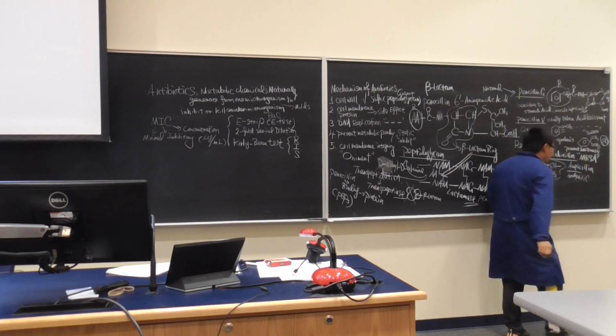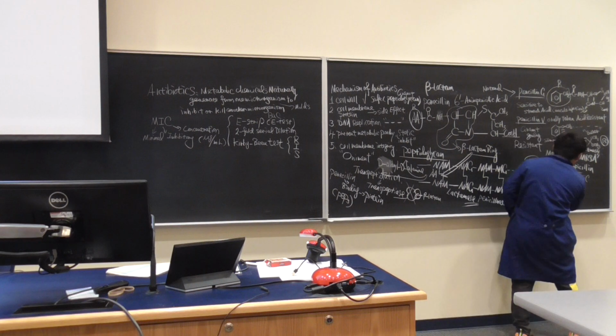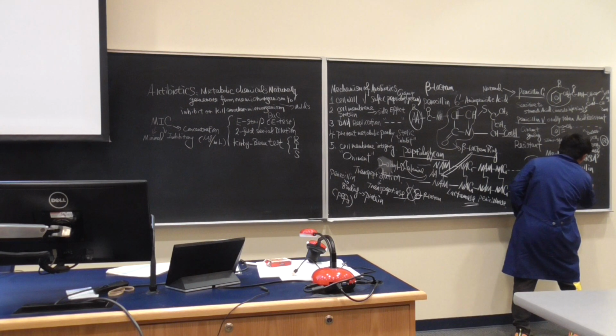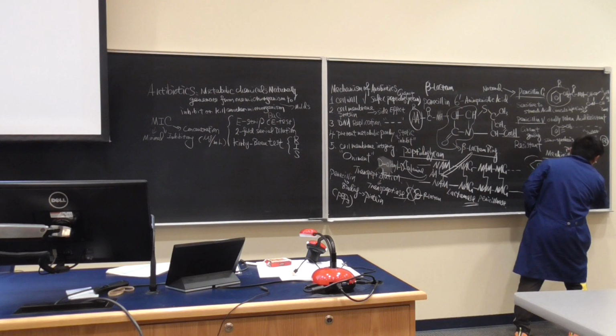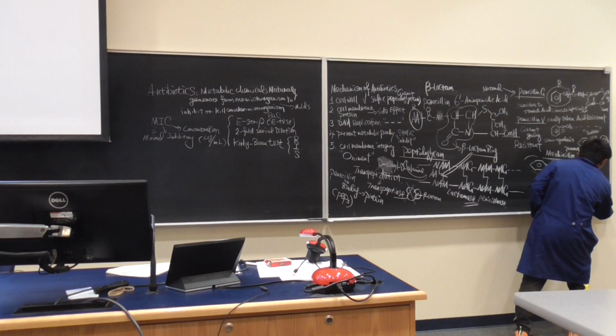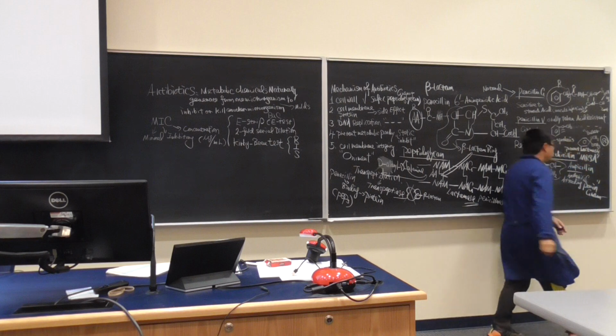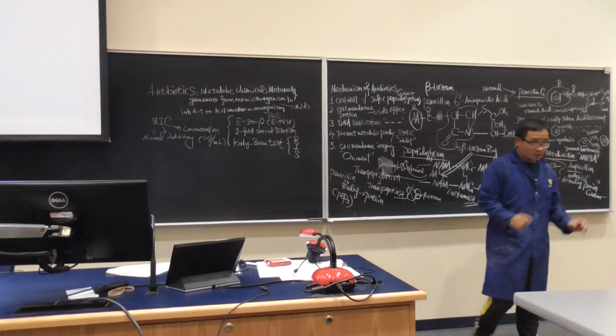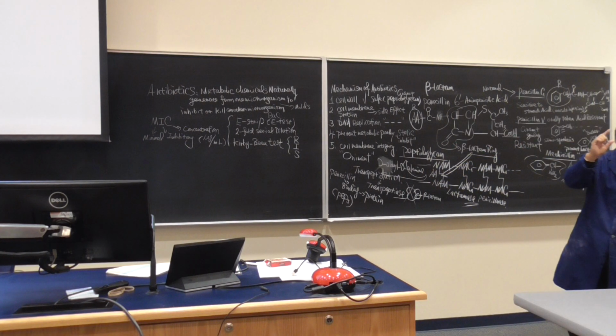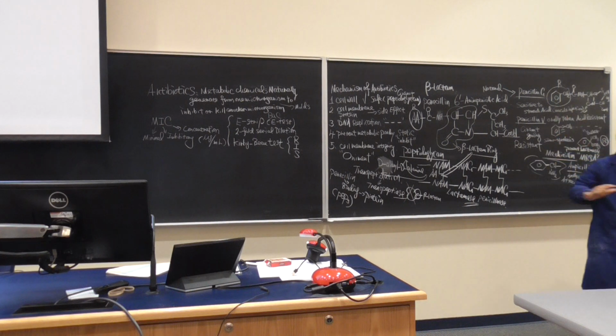Once it's more hydrophilic, what does it mean? It can attack the porin structure of gram-negative bacteria. Do you remember, if you look at the structure of gram-negative bacteria, we have lipopolysaccharides, LPS. On the side, there's a porin area. It can get through there because it's hydrophilic, which means it can dissolve in water a little bit.